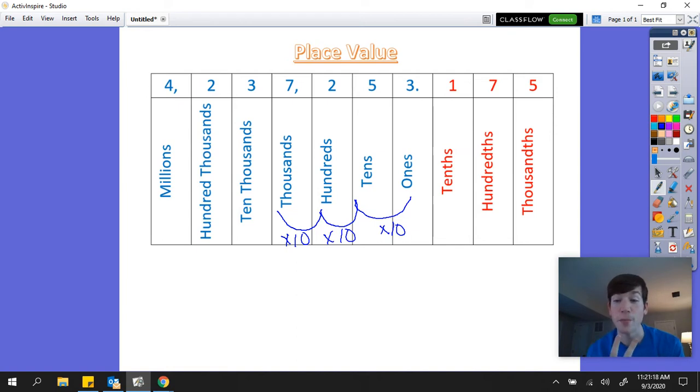Anytime you jump two place values, you're multiplying by 10 twice, which is like multiplying by 100. And anytime you jump three place values, you're multiplying 10 times 10 times 10, which is 1,000. So you're multiplying that number by 1,000 to jump three place values. And that's really important. And that's why we call our system a base 10 system. A base 10 number system is what we call it.